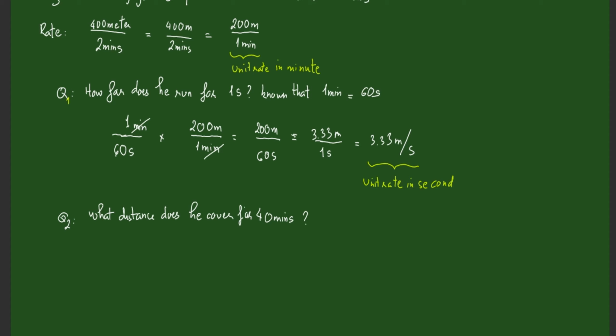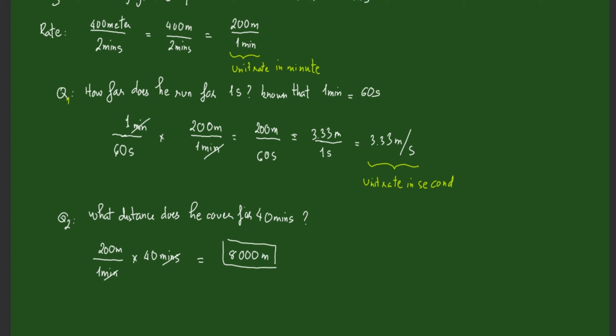So now for 40 minutes, you just need to multiply by 40 minutes, and in doing so you can cancel the minute, and what you have left is just meters. So the total is 8,000 meters.